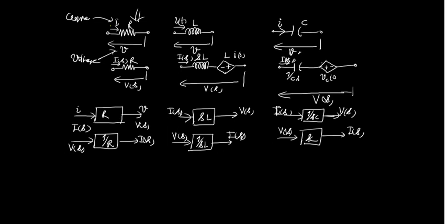So this is what we are doing now: representing each of the elements by a small block diagram representation in the Laplace transform domain circuit, which will be there in MATLAB or Scilab. Clear? In some cases, when you work with Scilab or MATLAB, you will not find this S. S is differentiation, and it will not be able to do it.